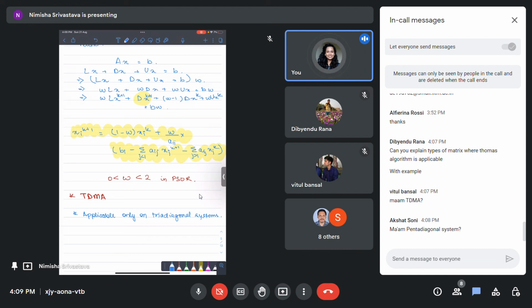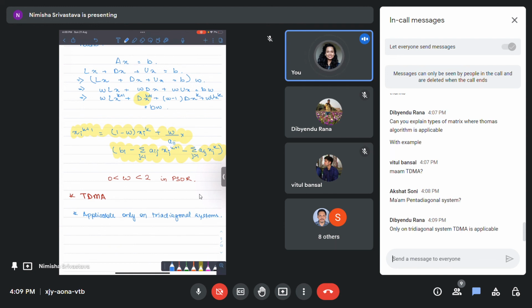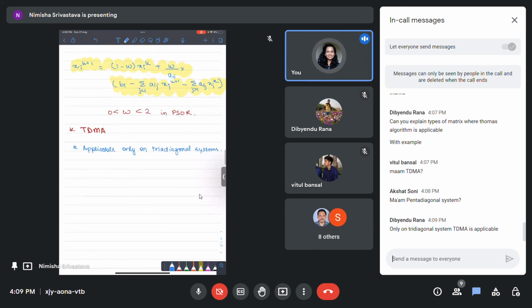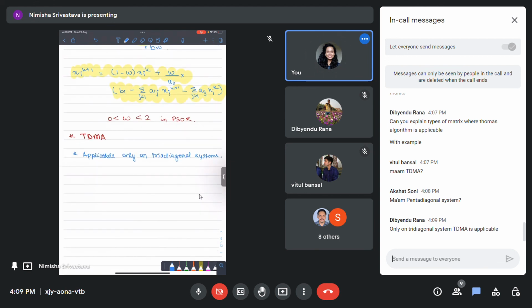So this Thomas algorithm and TDMA are the same thing. It should be only for tri-diagonal systems.